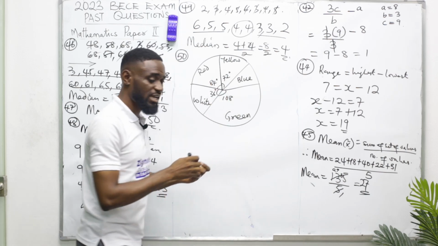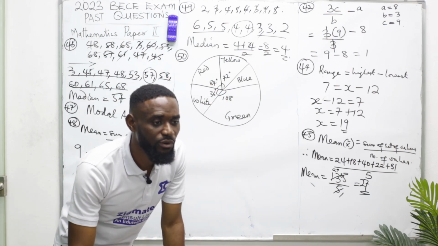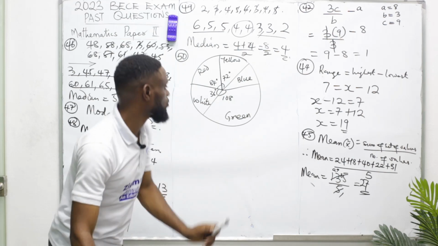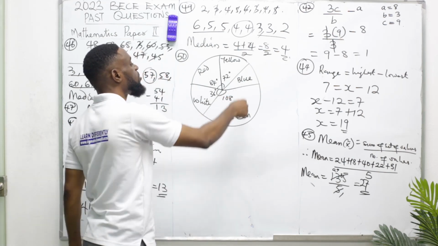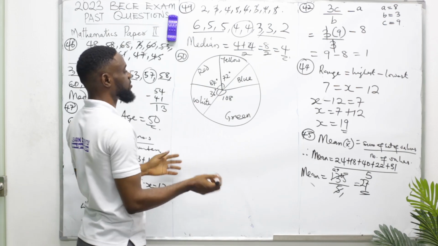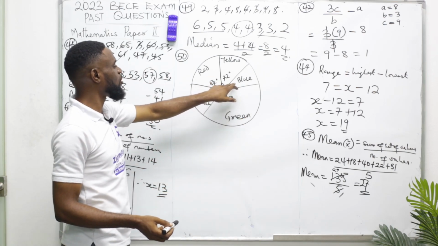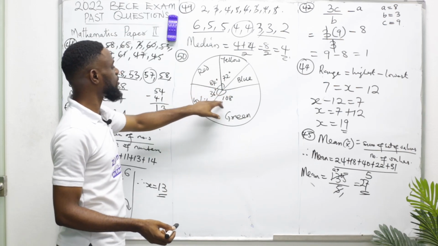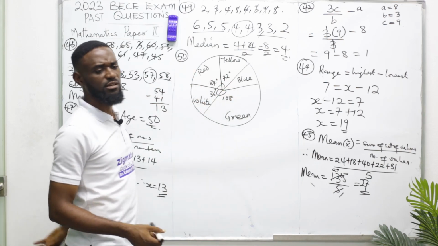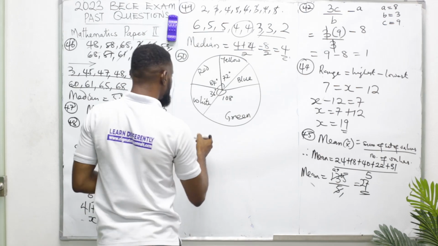So the first question there is, calculate the angle of the sector for blue house. Now, the sum of angles inside a circle, that's the first thing you ask yourself. To get blue house, add all these angles and subtract from 360.